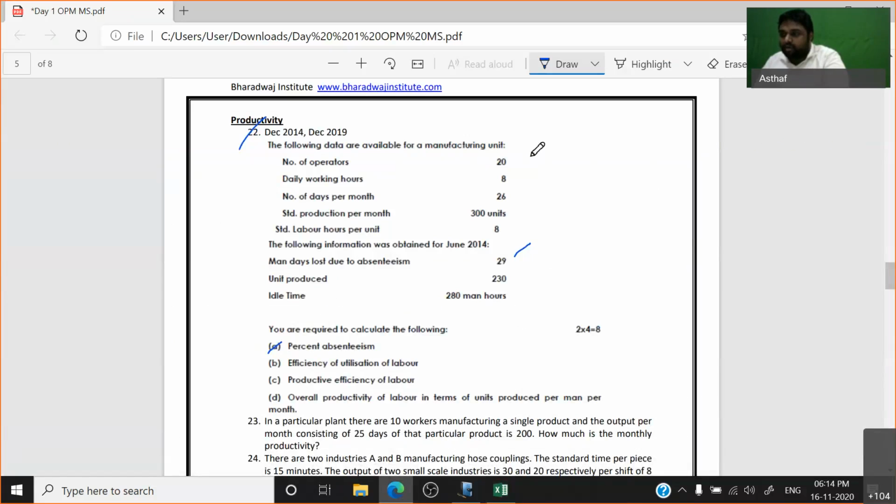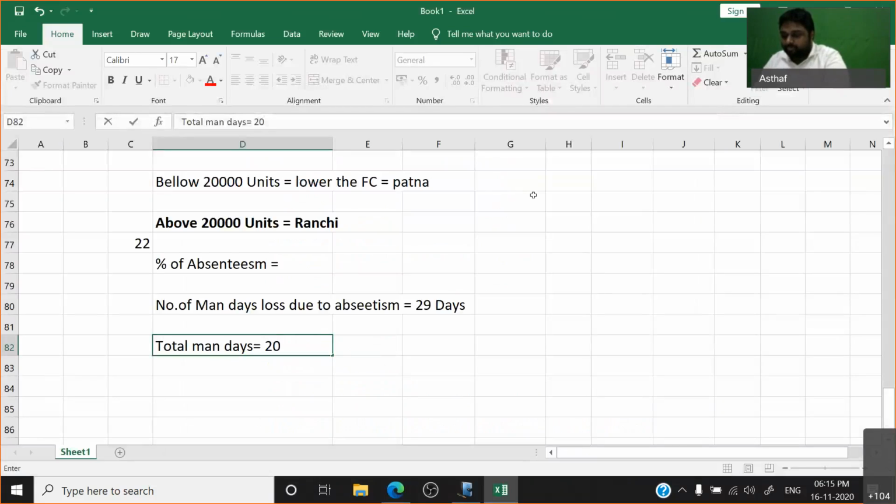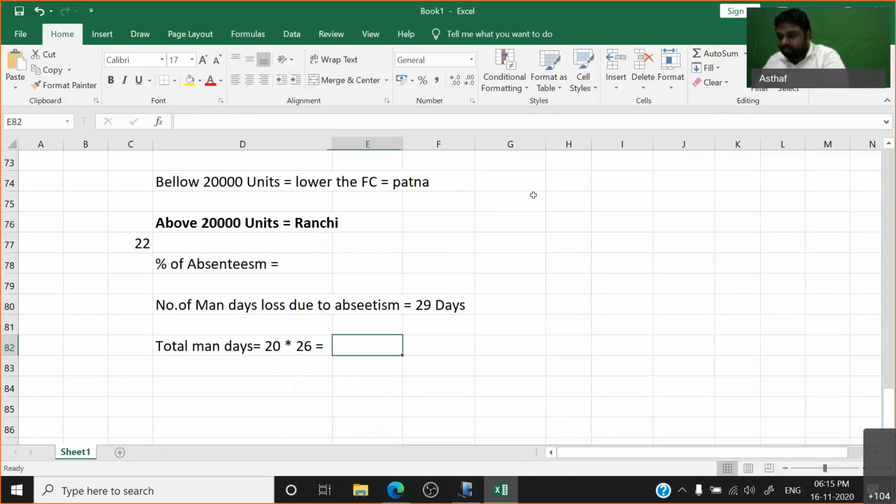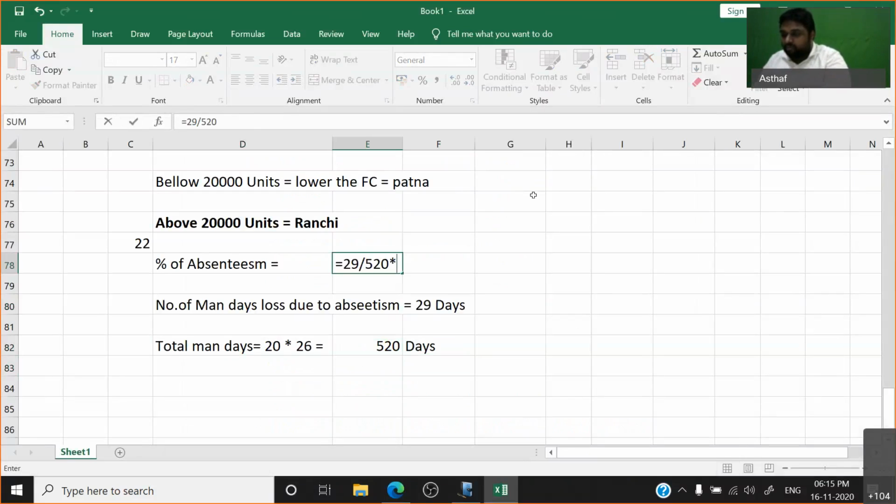We have 20 operators, 26 days. What is the answer, my dears? 20 into 26, 520 days. So what is the percentage of absenteeism? 29 divided by 520 into 100, which will be 5.57%.